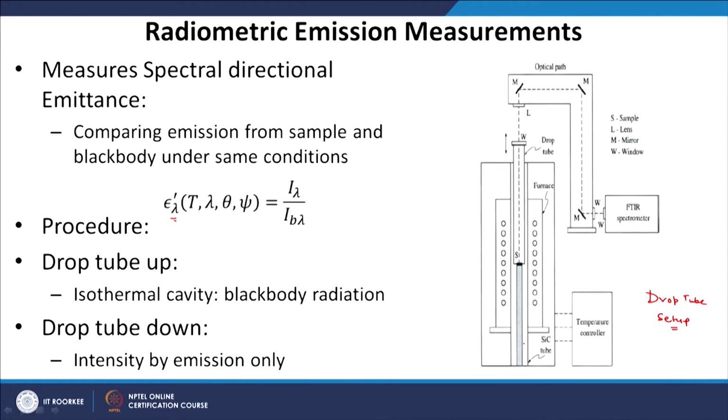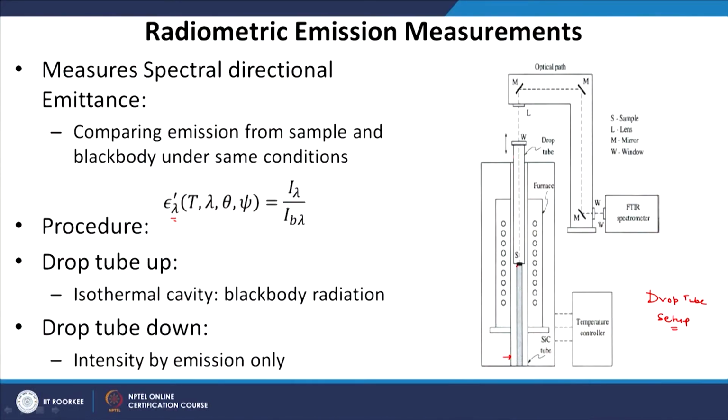Now, how does it work? Here we have 2 concentric tubes. This is one tube, made of silicon carbide, and it is heated to the same temperature as the sample. The second tube is the drop tube. When the drop tube is up, the sample is inside the silicon carbide tube, and both are at the same temperature.